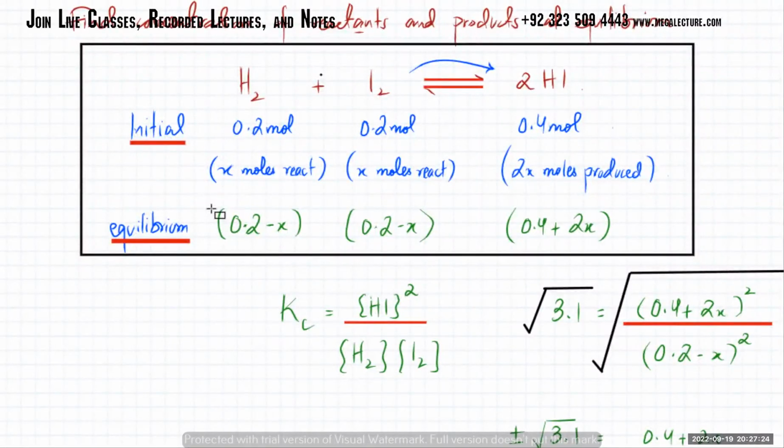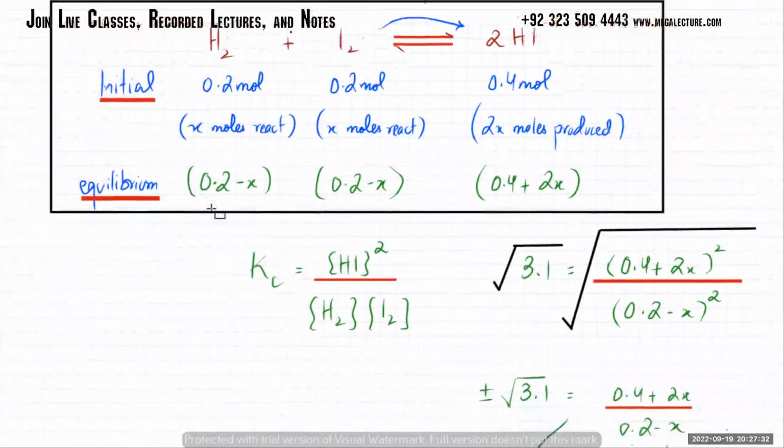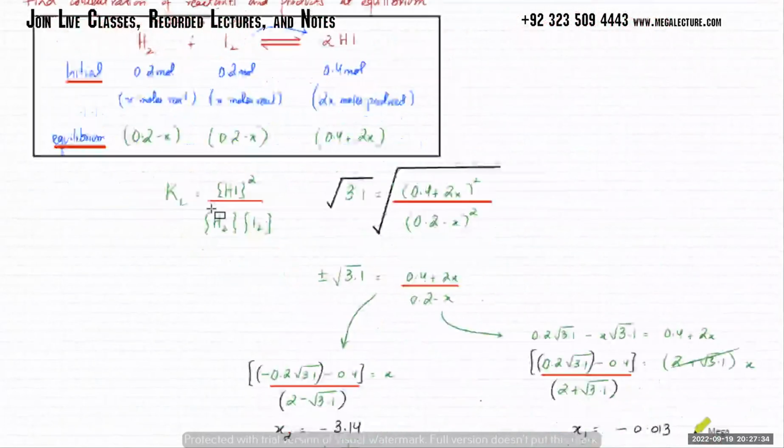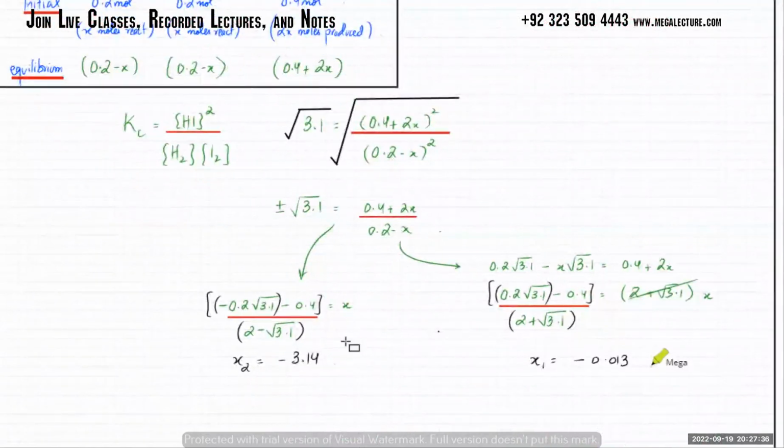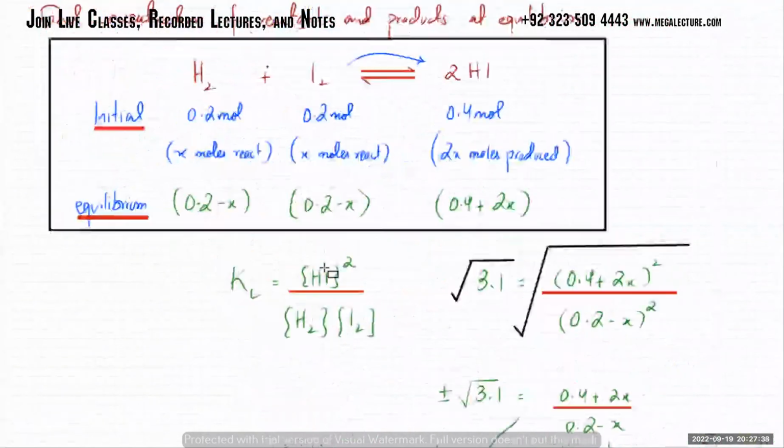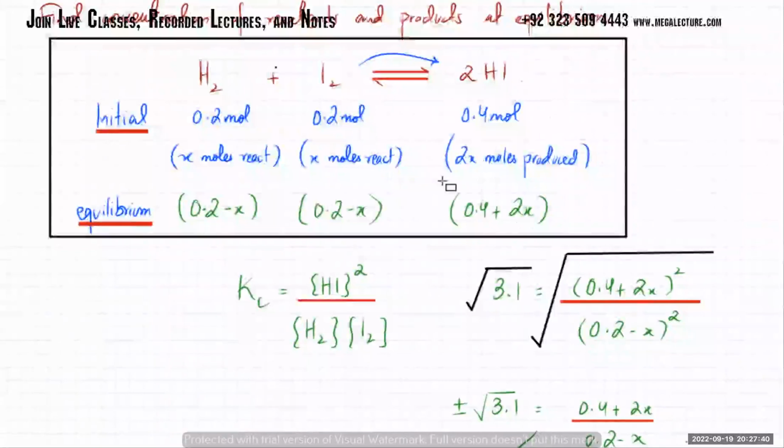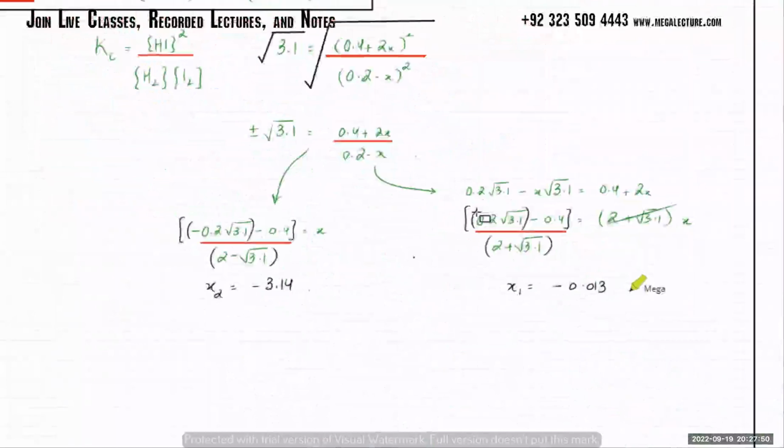I don't have minus 2 cars. You never have moles in negative. Is that clear? So now which of the values will give you a negative answer? I think this minus 3.14. If I substitute minus 3.14 over here, the moles of HI are going to come out to be negative. You can't really have negative moles. So that's why I'm going to reject this value.